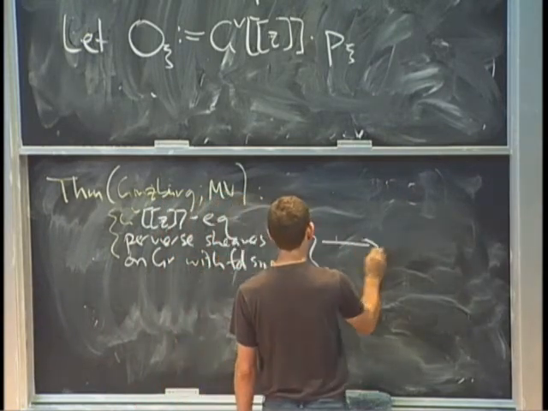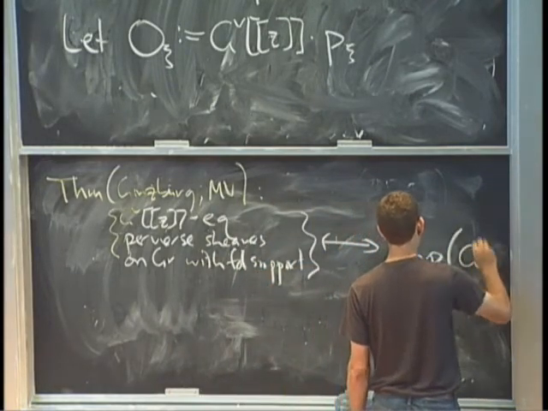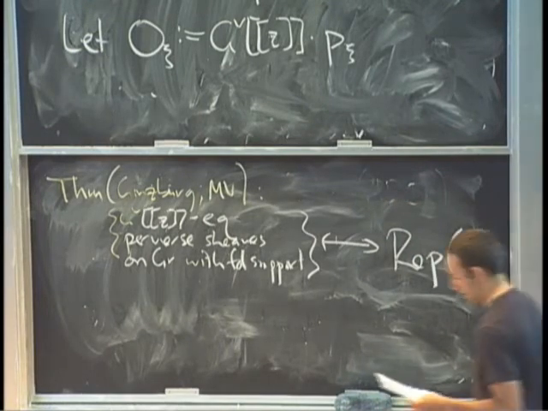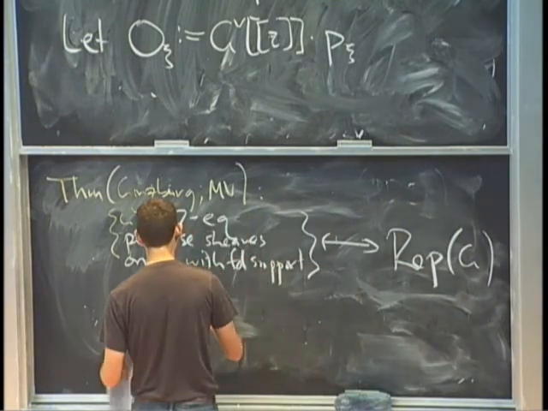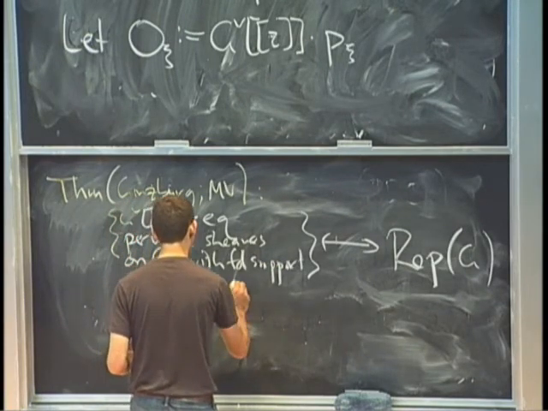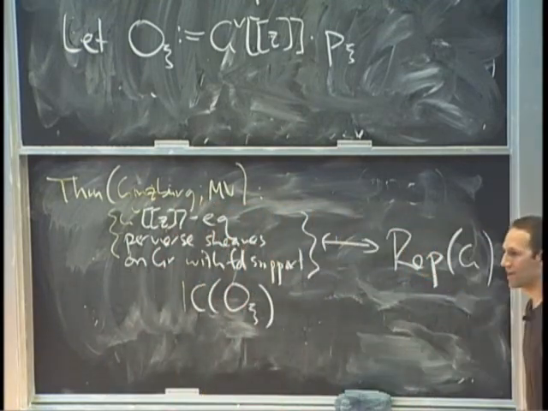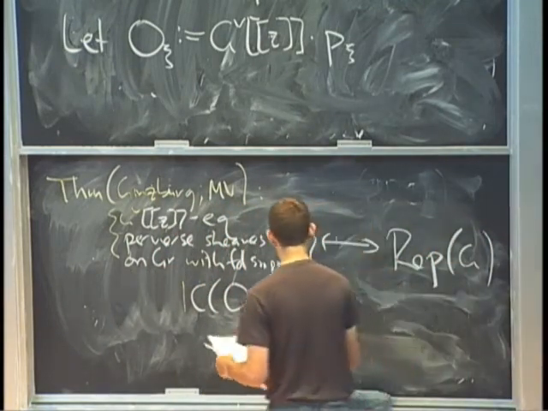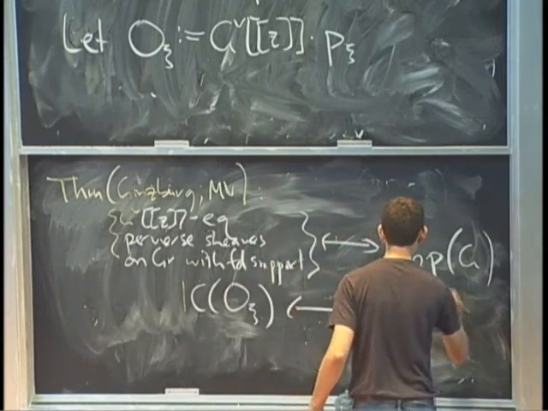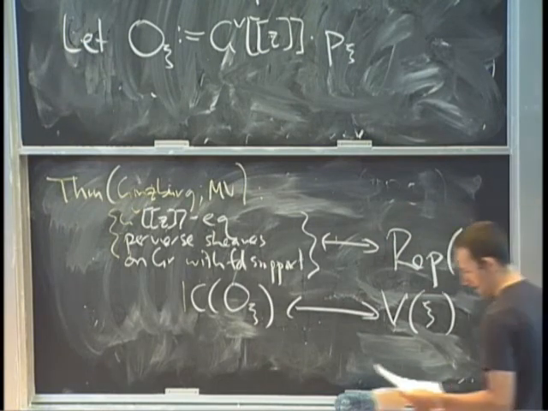This category is equivalent to Rep of G. We've heard that a few times. They're both semisimple categories. The simple objects over here are the IC sheaves of the orbits O_ξ. And the IC sheaf of O_ξ here corresponds to the simple representation with highest weight ξ.